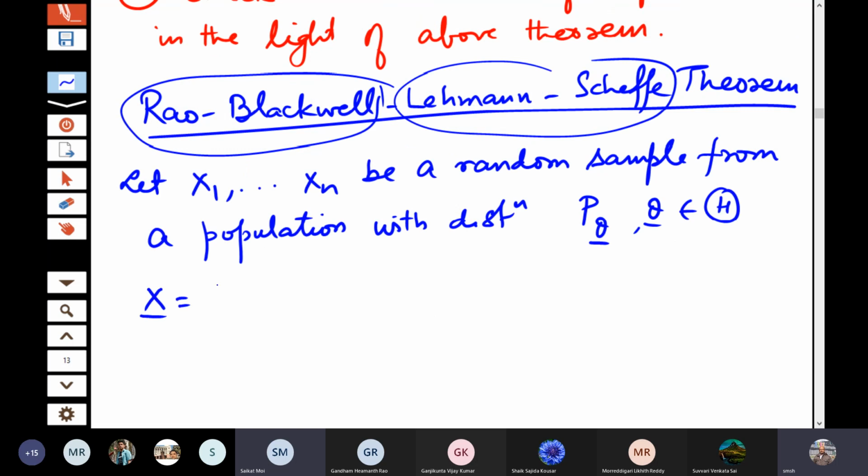Here I am writing X equal to (X1, X2, ..., Xn), and theta is some parameter which may have more than one dimension.